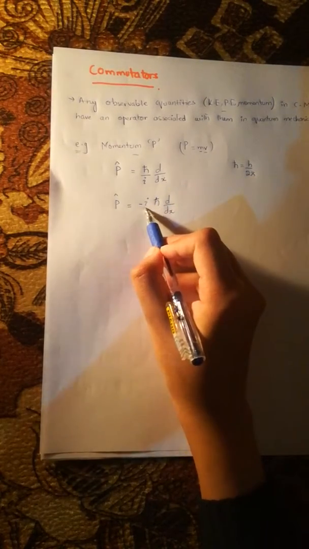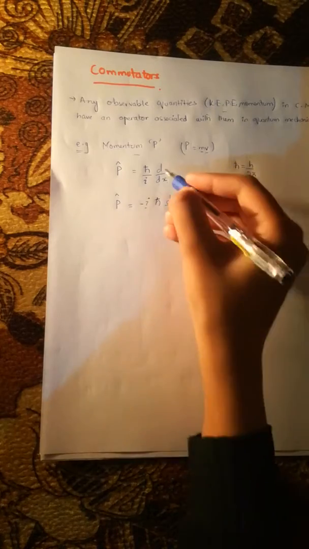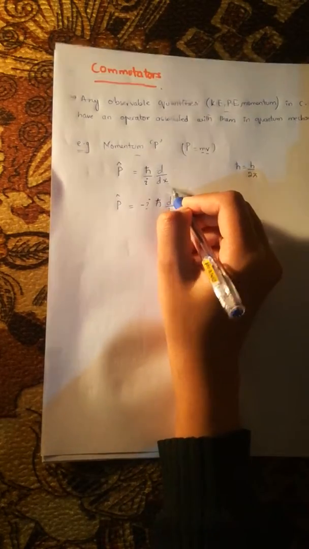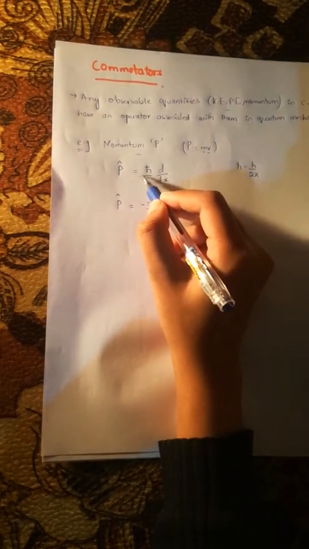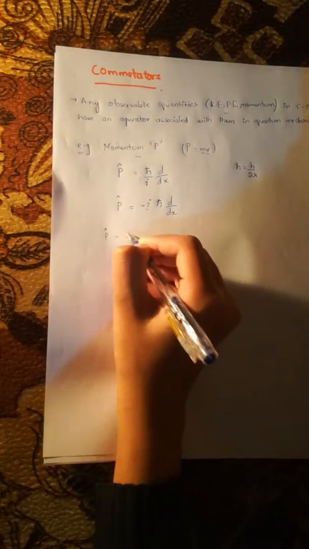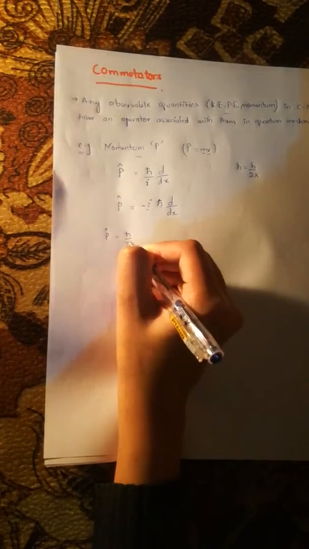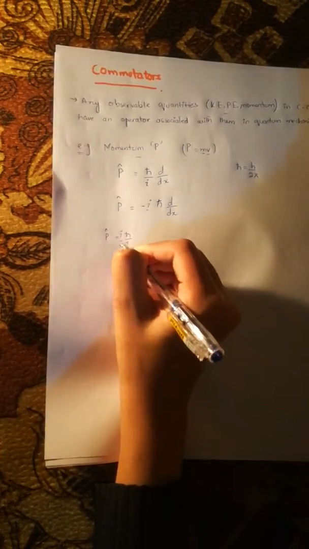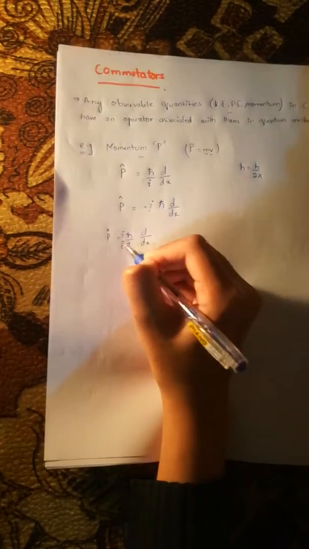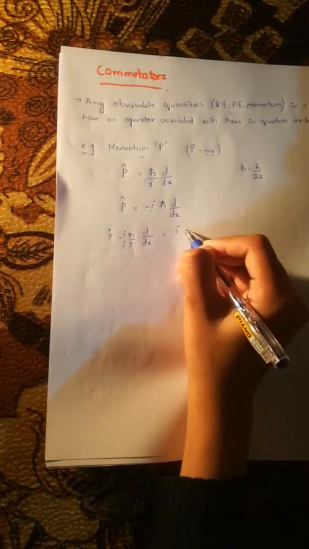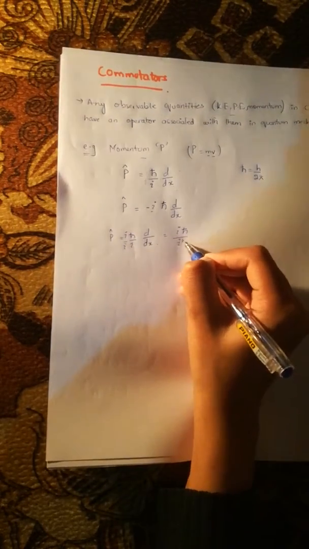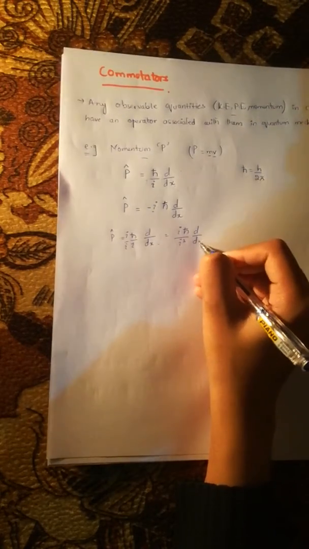So how do we get this minus eta? If we multiply and divide this value by eta, eta over eta d over dx, we will get eta h cut over eta square d over dx.